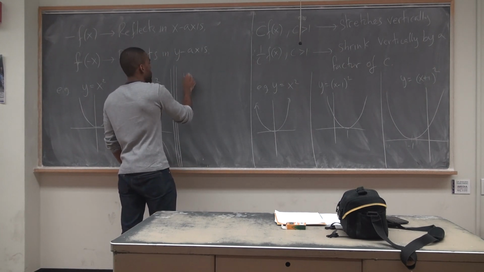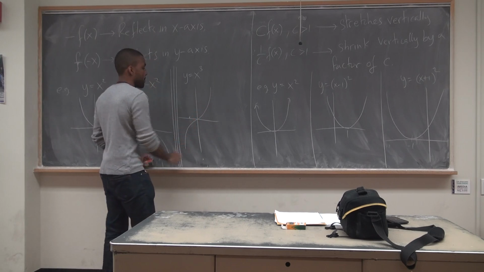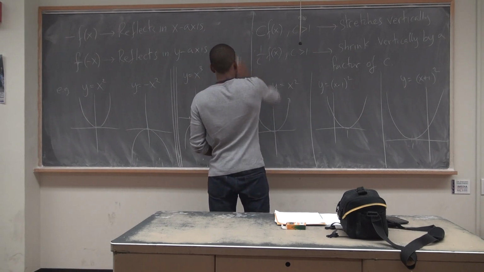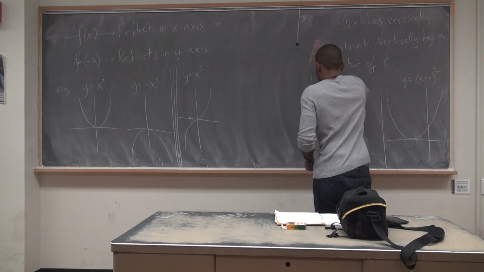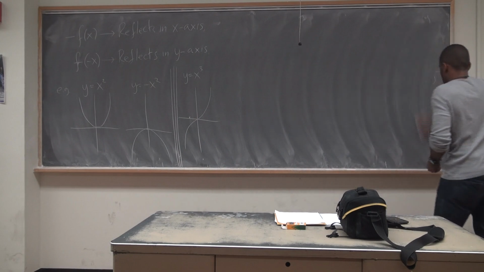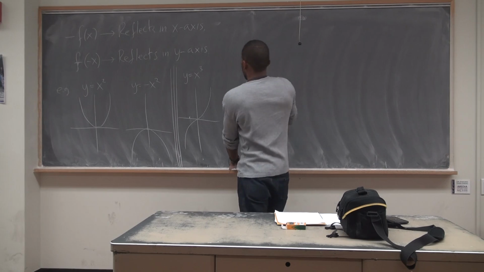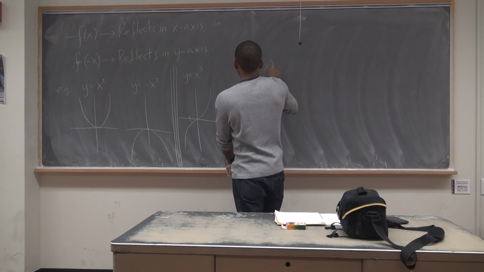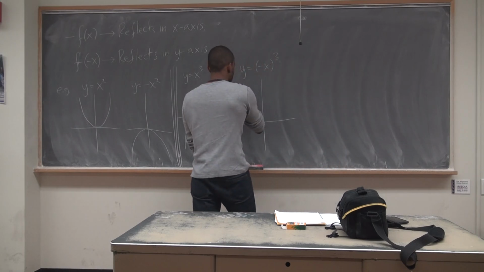If I have y equals x cubed, that's this guy. I'm just doing a lot of pictures. Or if I have y equals minus x cubed, if I write it that way, you think of it as being flipped in the y, so it's going to look like this.